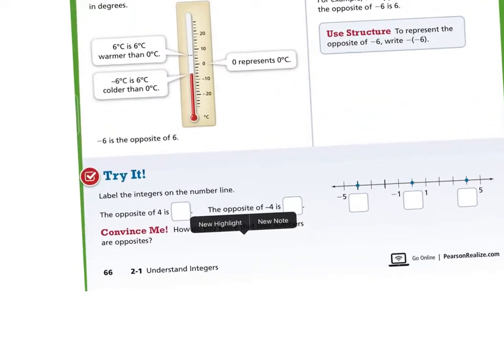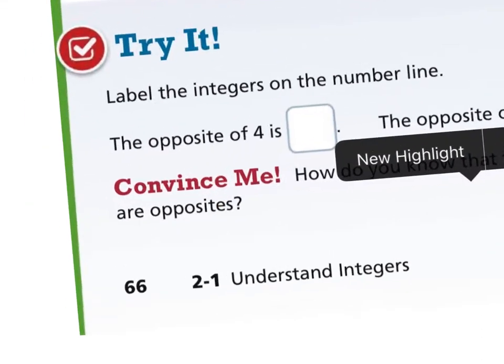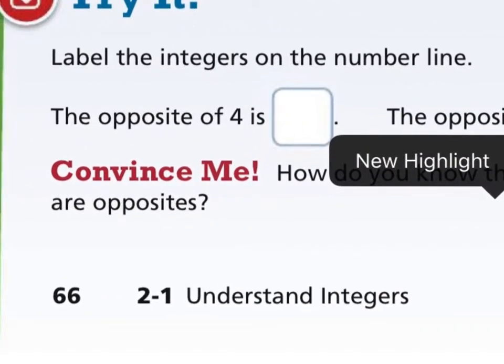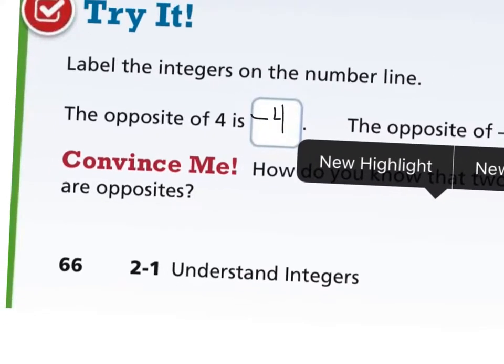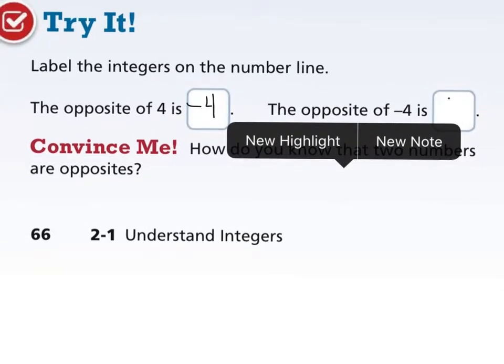So if we look at the try it at the bottom of the page, they want us to label these on a number line. So the opposite of 4 is -4. And then the opposite of -4 is 4.